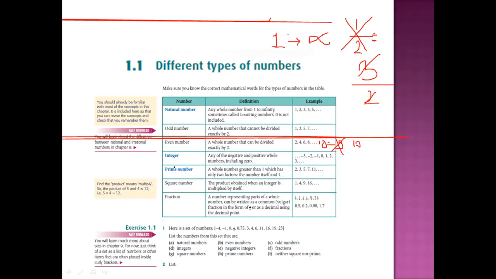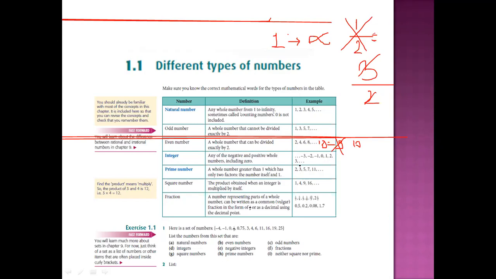And prime numbers: a whole number greater than 1 which has only two factors, the number itself and 1. The smallest prime number is 2, the initial value of prime numbers, and after that is 3. 3 cannot be divided by 2 to give a whole number; 3 over 2 is 1.5.